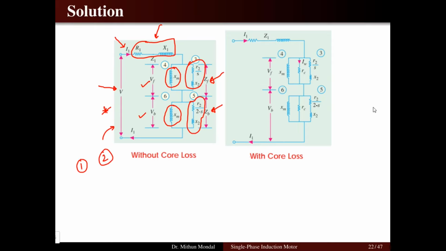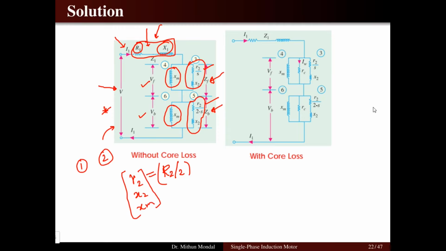The stator parameters are given in capital letters R1 and X1, whereas the rotor parameters are given in small letters, which means the resistance r2 will be equal to R2 divided by 2. So it is half of the given parameters for the resistance and the reactance, as well as the magnetizing reactance Xm. All small letter parameters are nothing but half of the given value.